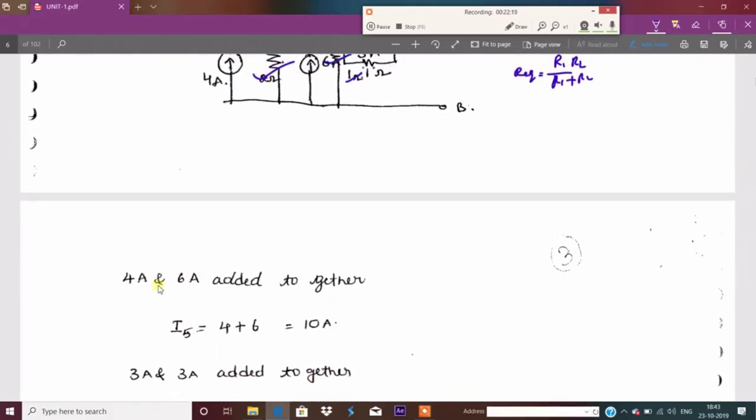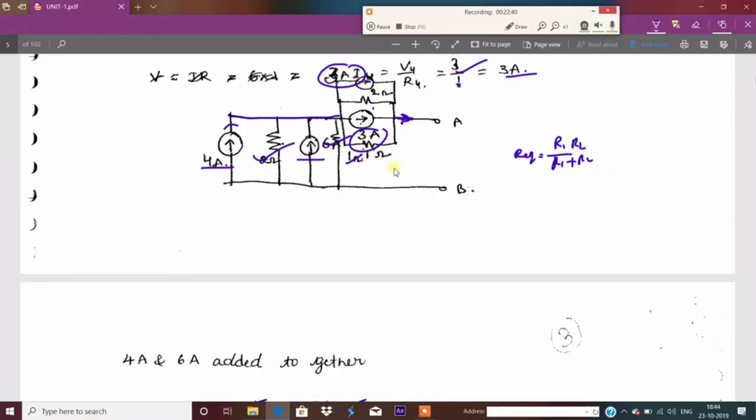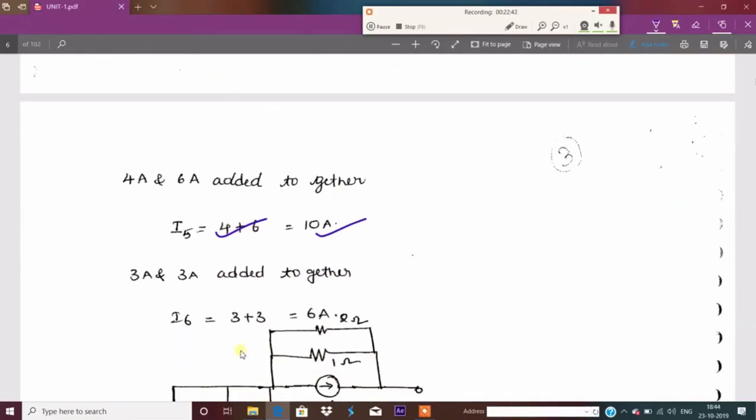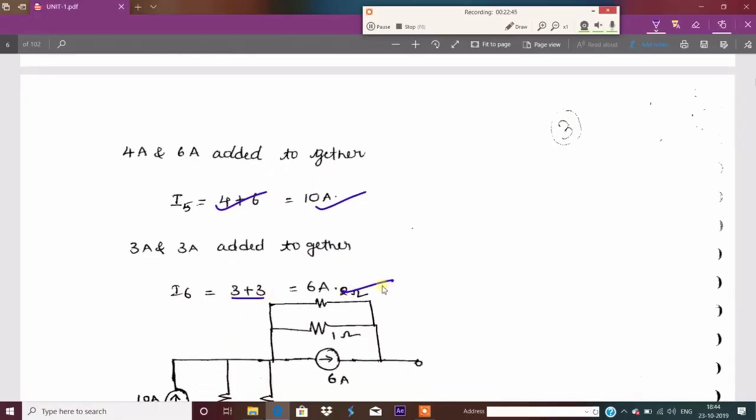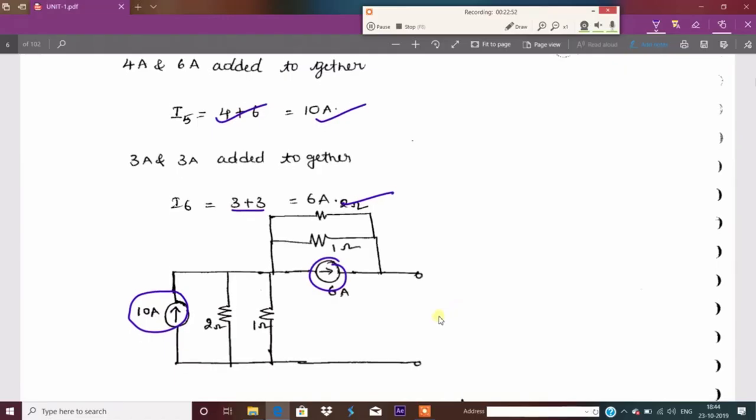See here, when 4 and 6 are connected, the current flows towards the node in the same direction, so the total current is 10 amperes. And one more thing, these 3 amperes are flowing in the same direction, right? Both arrows are in the same direction, so we can add both currents: 3 plus 3 is 6 amperes. So that's why I am replacing this 10 amperes and 6 amperes by a single current source.